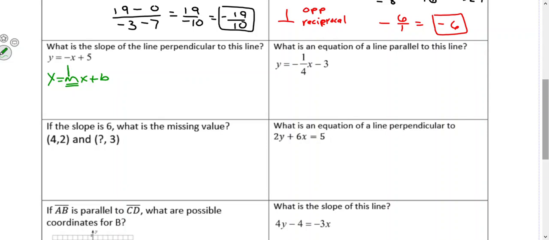If we look up to what we're given, our slope here is -1. So if we want to find something perpendicular to -1, the perpendicular slope would be, change it from a negative to a positive and flip it over. 1 over 1 becomes 1 over 1. So our slope is now 1.